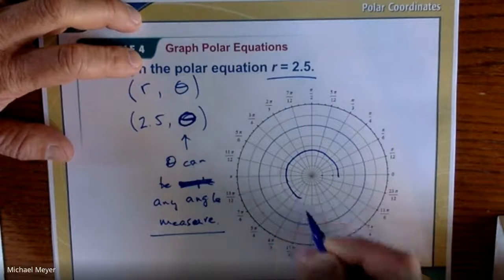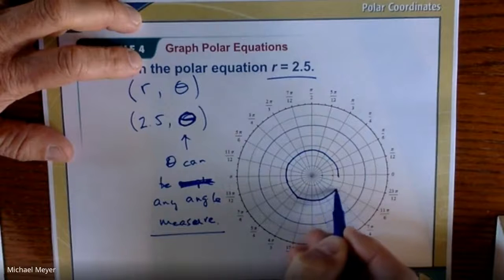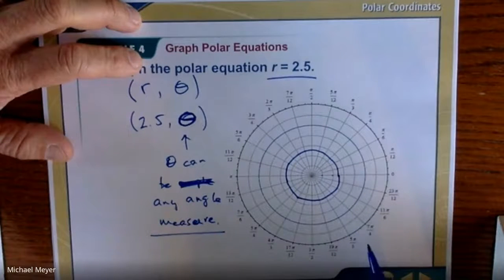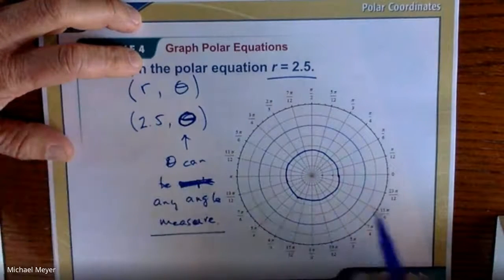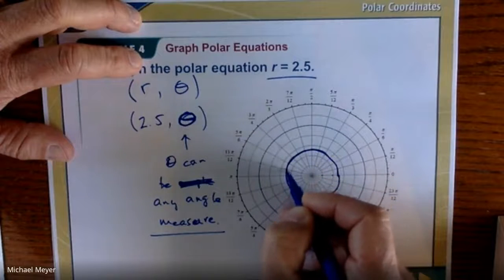Angle theta could be 4 pi over 3. It could be 19 pi over 12. It could be 11 pi over 6. Or it could even be 2 pi. So if they give me a radius of 2.5, theta can be any one of these angle measures.